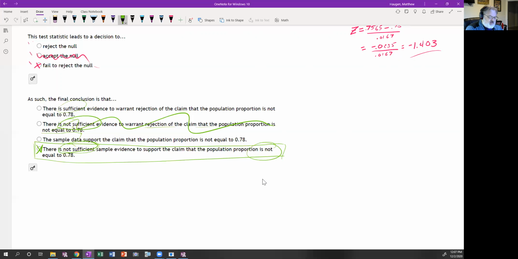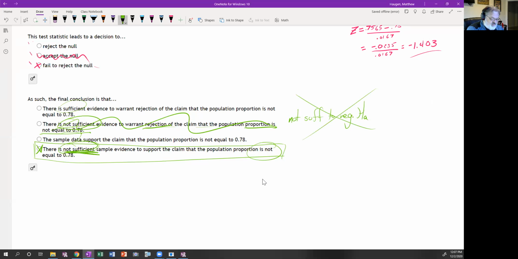Not significant to reject sounded good, but not significant to reject what? The proportion's not equal to 0.78. This is not sufficient to reject the alternative hypothesis. Well, that's not what we're not rejecting. What are we not rejecting?